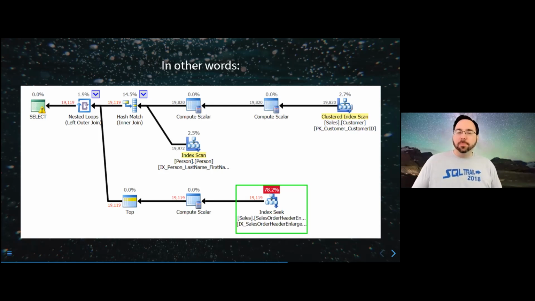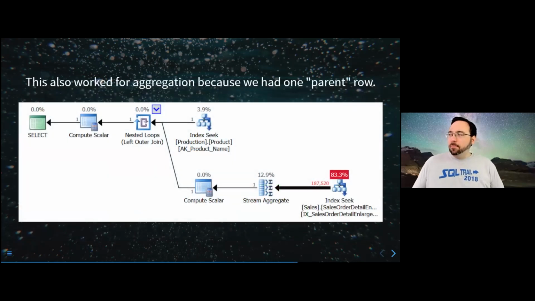So how small is very small? Well, we'll talk about that in a moment, because apparently I'm a slide too early. This one also worked very well for us because we had one parent row and one child row effectively. If I had 10,000 products, I would be performing 10,000 separate aggregations, and performance probably would not be that great.